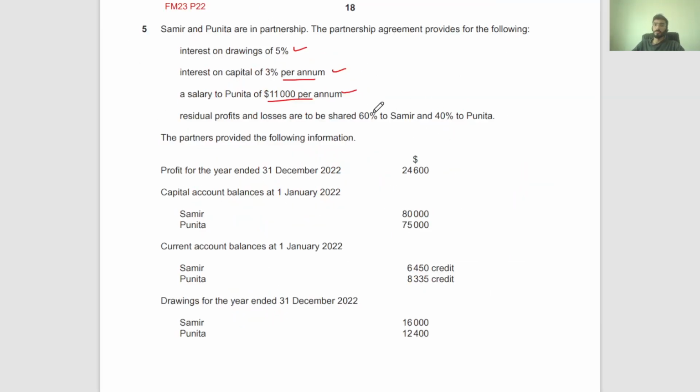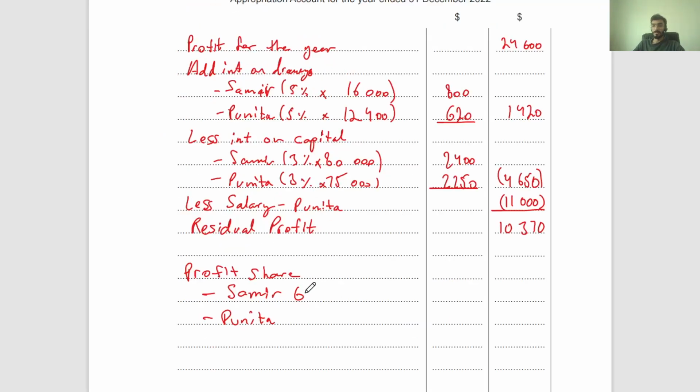What was the ratio? 60 and 40. 60%, 40% of the 10,370. 10,370 times 60% is 6,222, times 40% is 4,148. 6,222 plus 4,148 is 10,370. And it's nicely distributed.